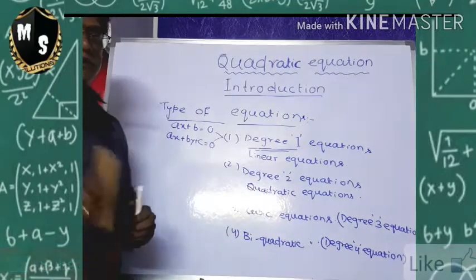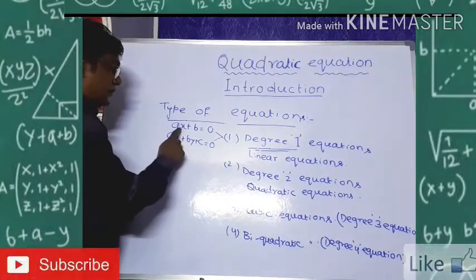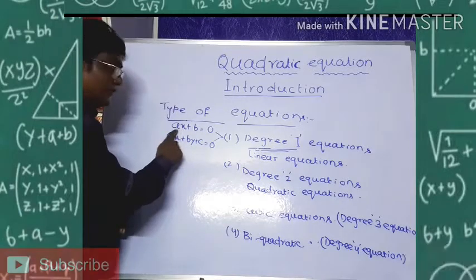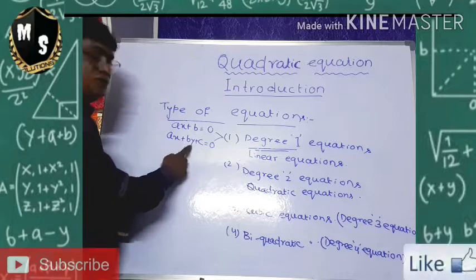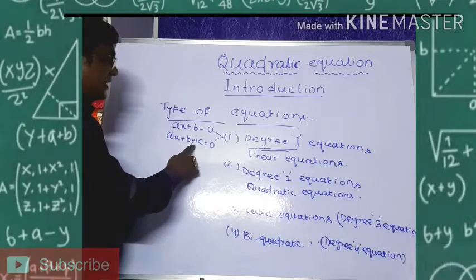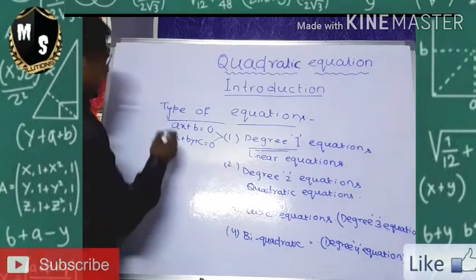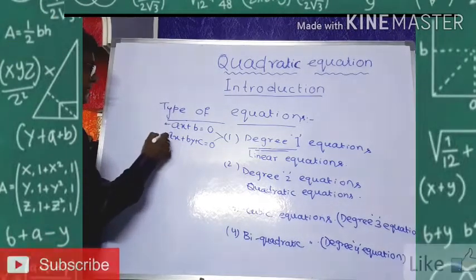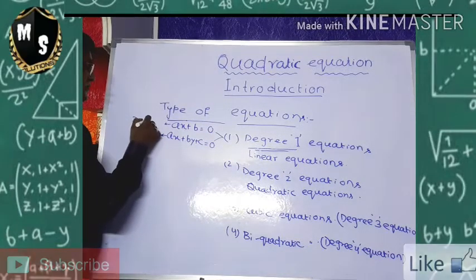One thing you mark here: a degree 1 equation or linear equation can be available in one variable. This is x, see here, one variable is there, and it can be available in two variables also. That is x and y, and c is called the constant or pure number. If I give an example of ax plus b, I can write 2x plus 5 equal to 0.